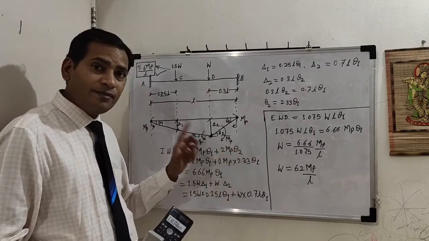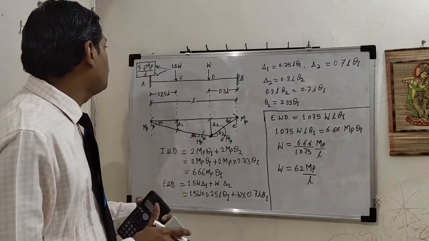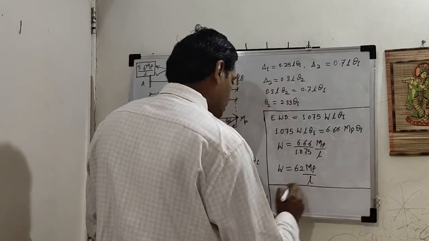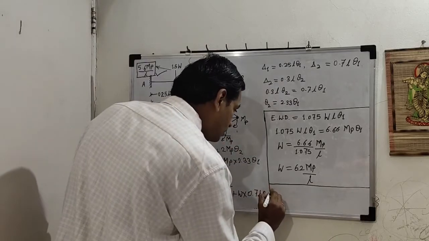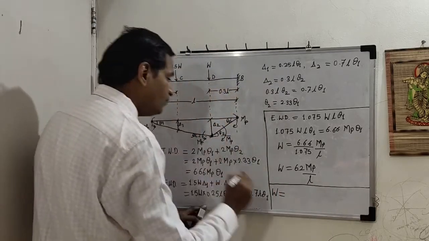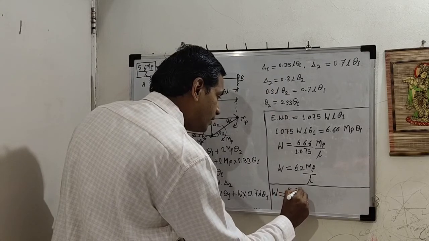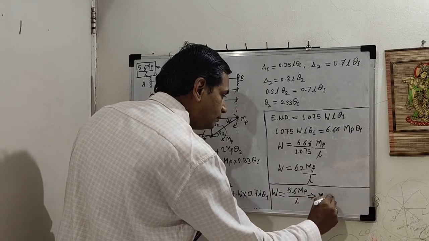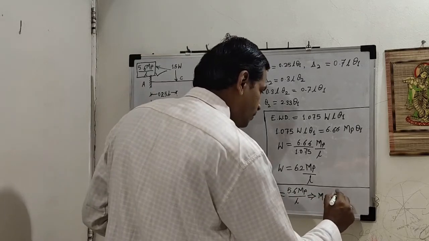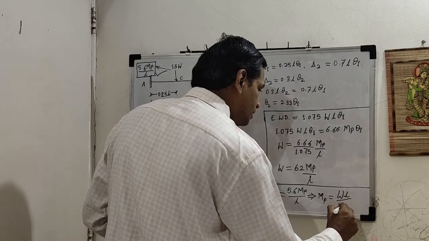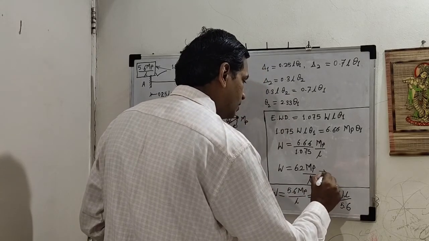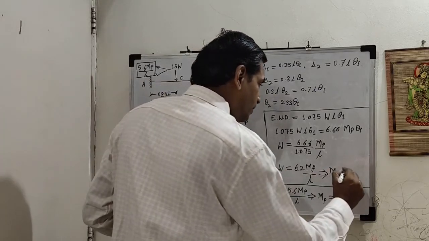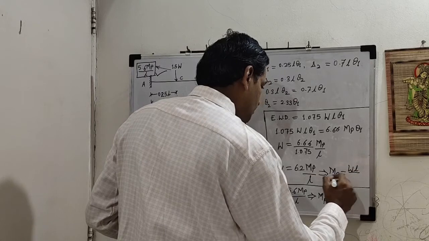If you are asked to find plastic moment, then from this what will be the plastic moment? Here collapse load is 5.6 MP upon L. So from this MP is how much? MP is equal to WL upon 5.6, and here MP is equal to WL upon 6.2.